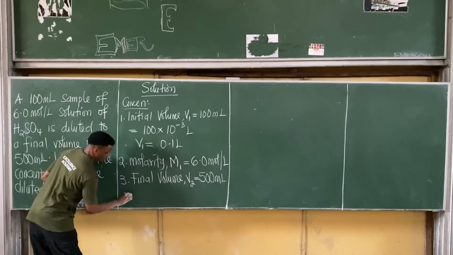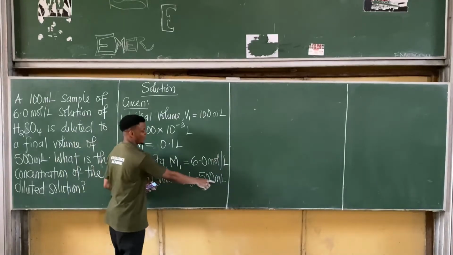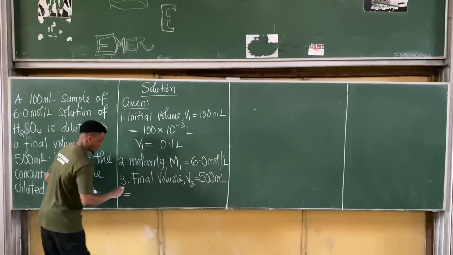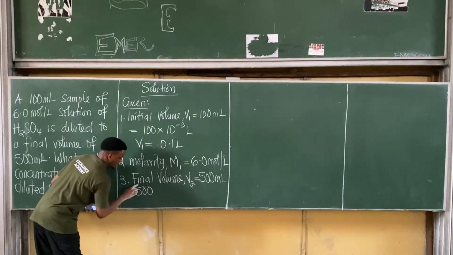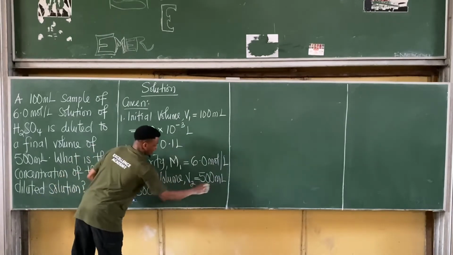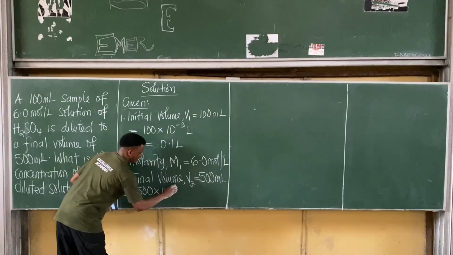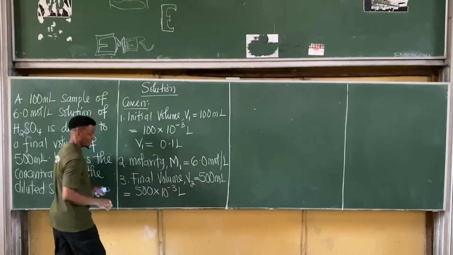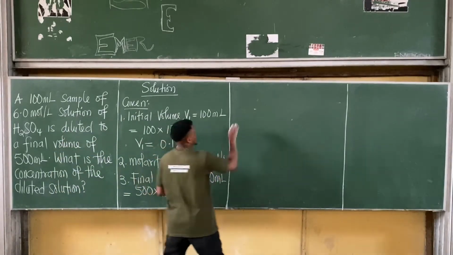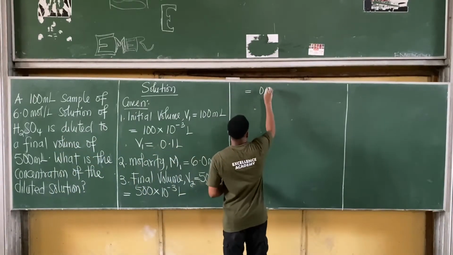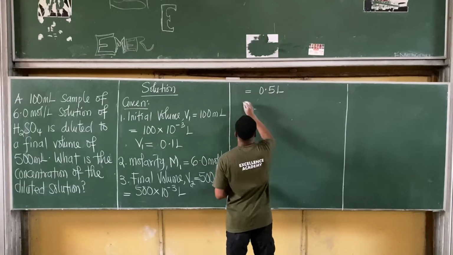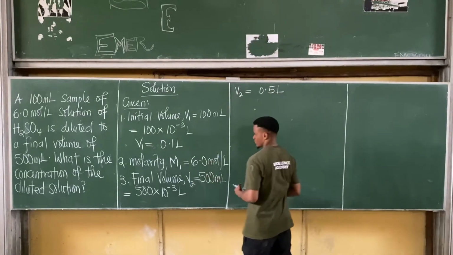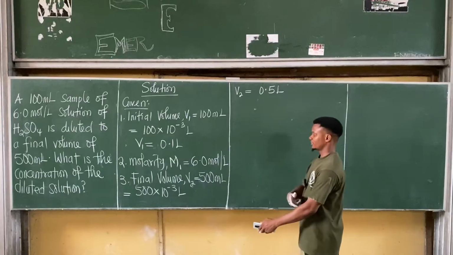We said we have to convert this from milliliter to liter. That becomes 500 times milli, which is simply 10 to the power minus 3 liter. If I multiply this, that's equal to 0.5 liter. That's the value of V2, 0.5 liter.